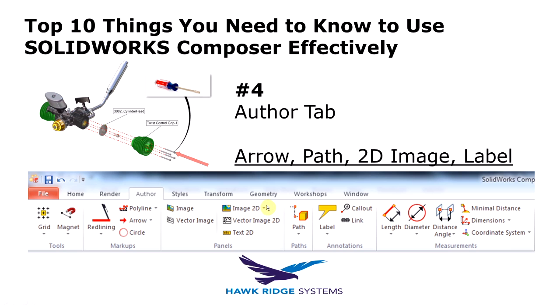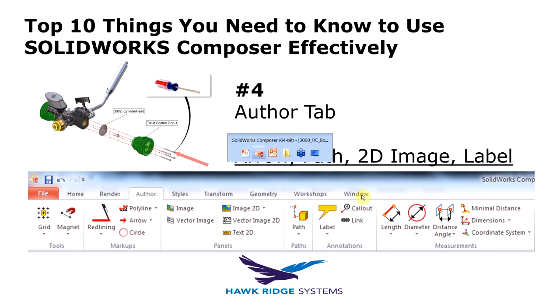It's bringing any kind of photo, a rendering, a screenshot, whatever, it's an image. You can bring that into Composer and use it as reference in your documentation. And of course, labels here. That's a big one. It should be called annotations. It's just a different verbiage than SOLIDWORKS, but it's the same thing.